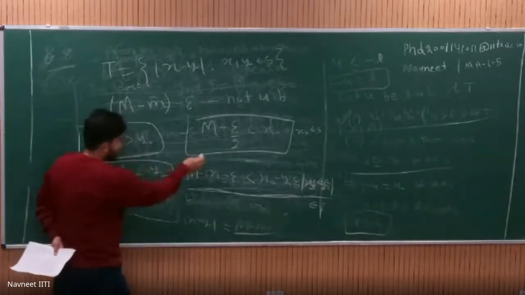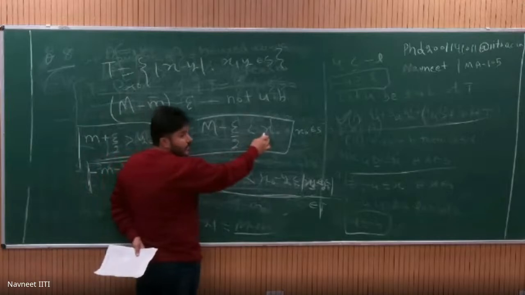Sir, the x naught and y naught that you took, meaning small m plus epsilon by 2 is greater than y naught. So there is also a possibility that y naught is greater than small m plus epsilon by 2. After all, y naught belongs to S, so there is always a possibility. You want to say here y naught also may become?